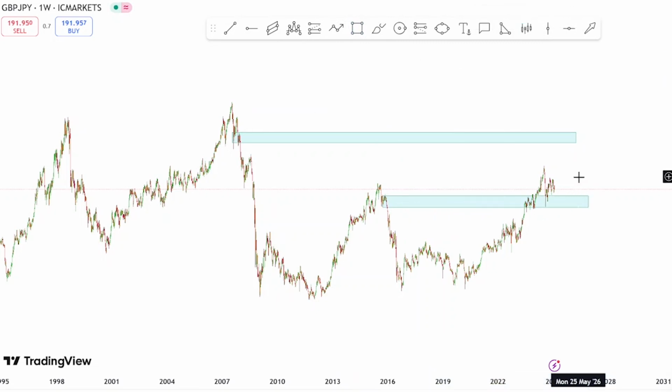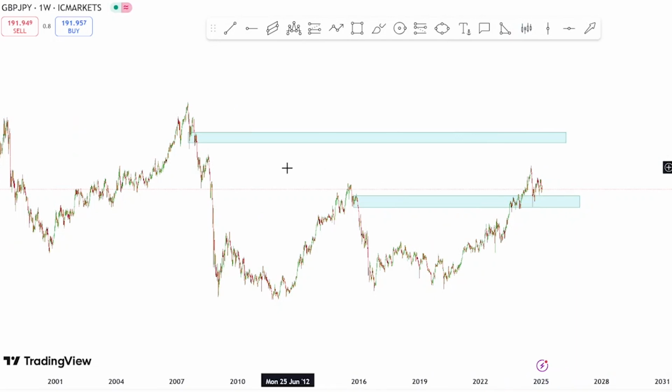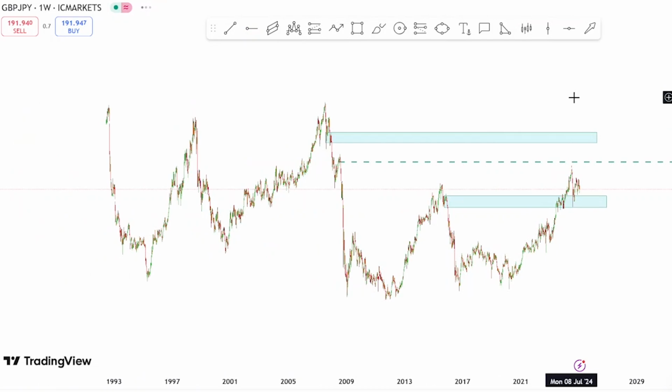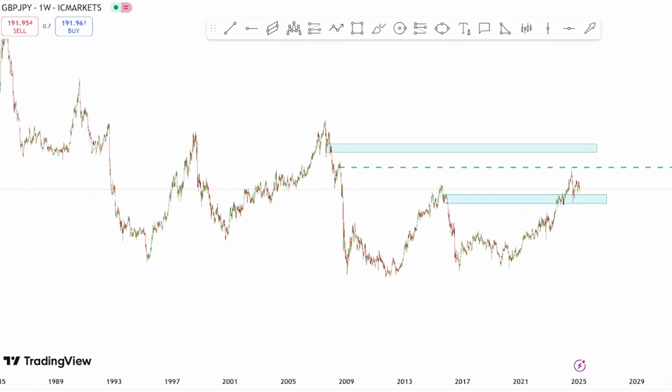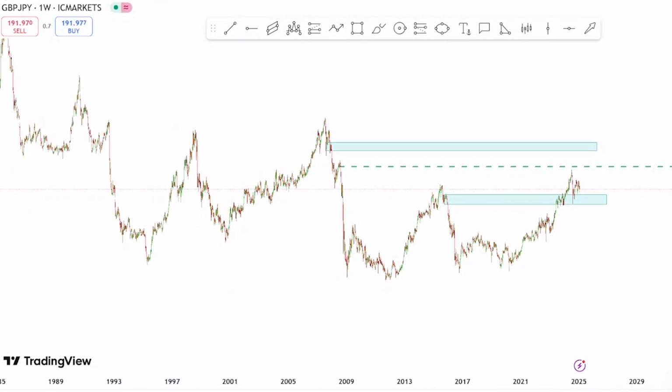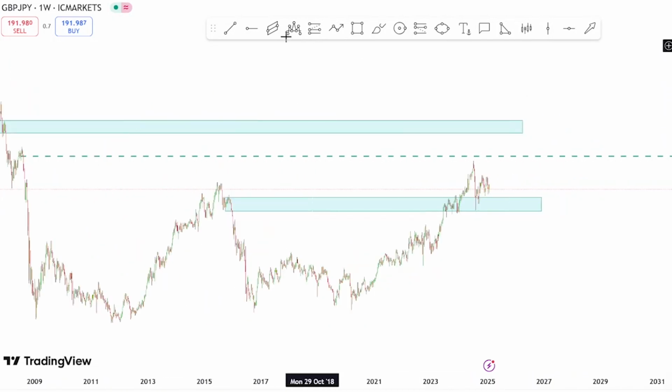We are above this area, so now the target will be from this area, and even this one where we are rejecting from. When we move to the lower time frame, we can see everything from that. What I want to see here is that the market has been moving up from the higher time frame.